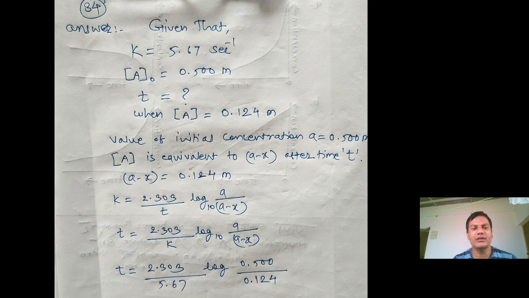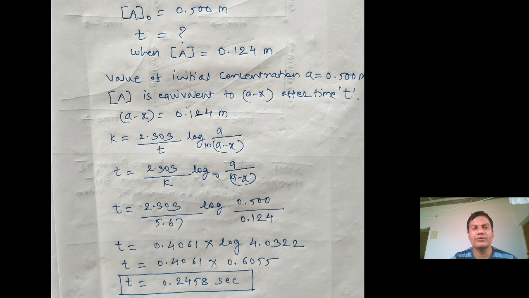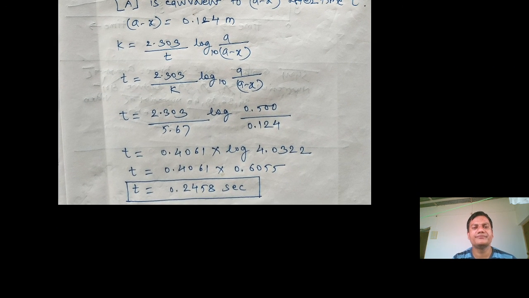So just put in the values. Rearranging, t in place of K and K in place of t, the equation becomes t is equal to 2.303 by K log to the base 10 A upon A minus X. When we substitute the values, you can see 2.303 by the value of K, that is 5.67, the initial concentration A 0.500, and A minus X, the concentration remaining after time t, that is 0.124.